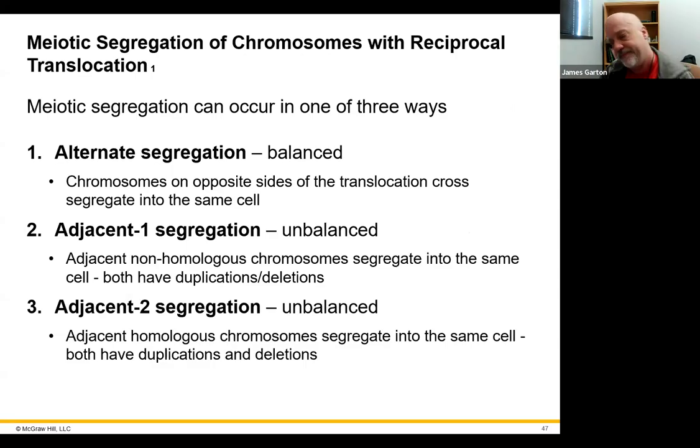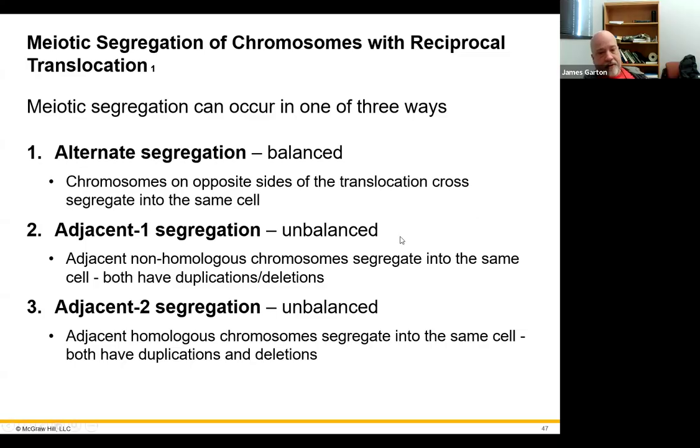And that has some troubles that might result when the chromosomes segregate into different cells. And there are three kinds of things: alternate segregation, which is balanced, and then there is adjacent one segregation, and there is adjacent two segregation.